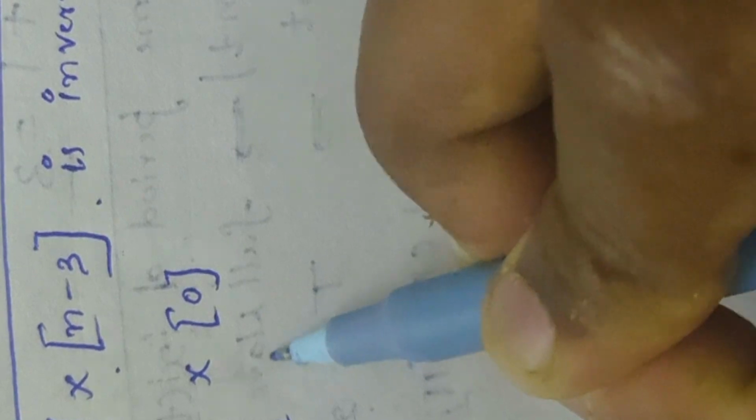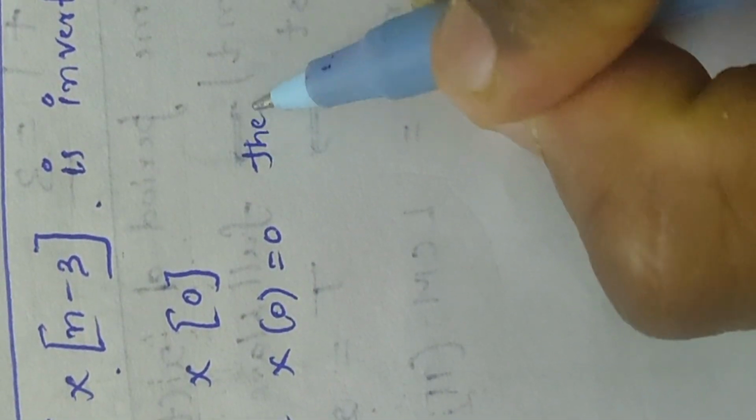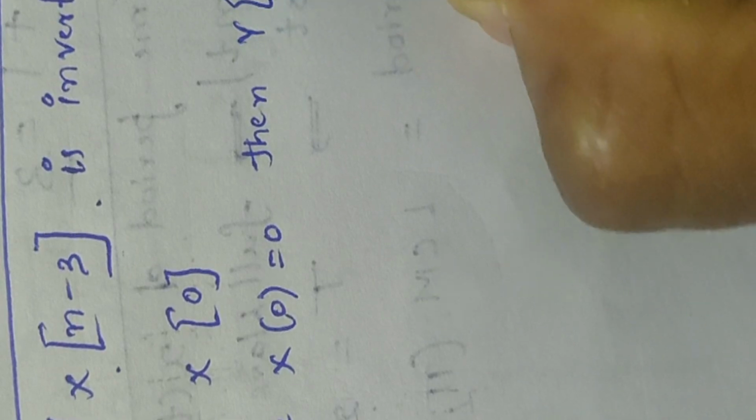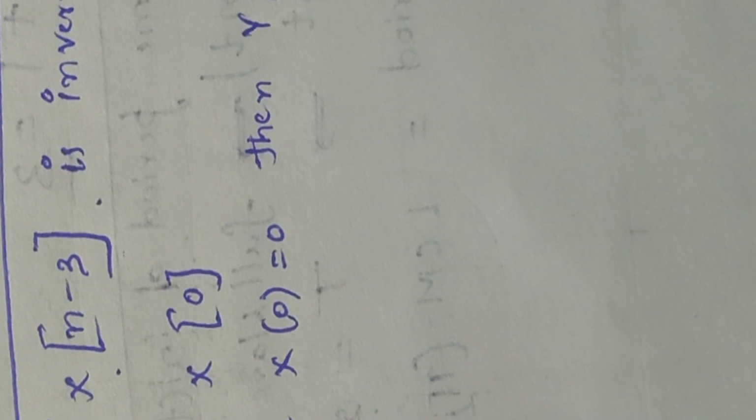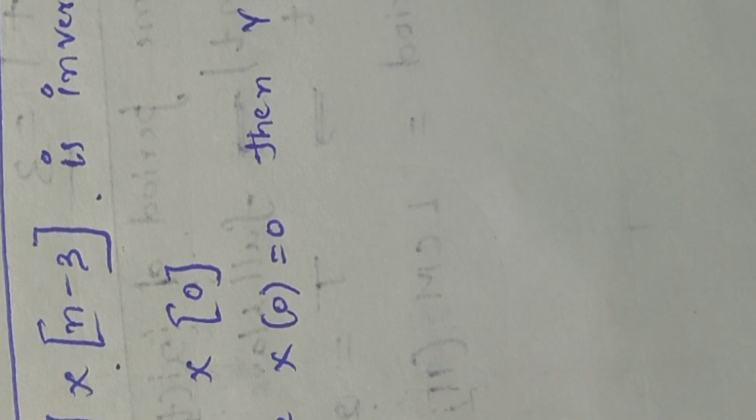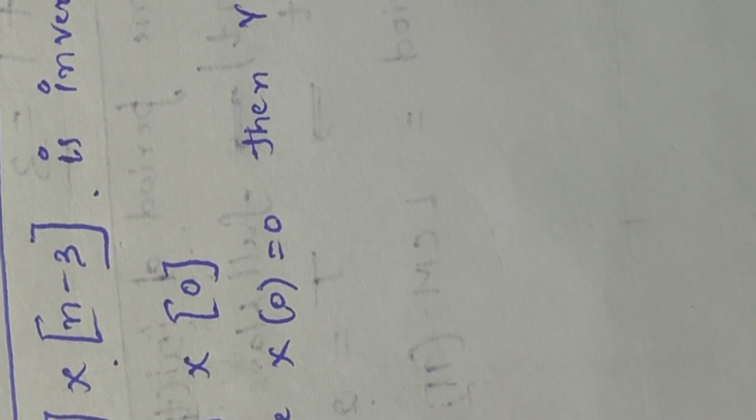If in any case x of 0 is 0, then y of 3 is absolutely 0. So x of 3 cannot be written back. So y of 3 is equals to 0. So it is non-invertible.